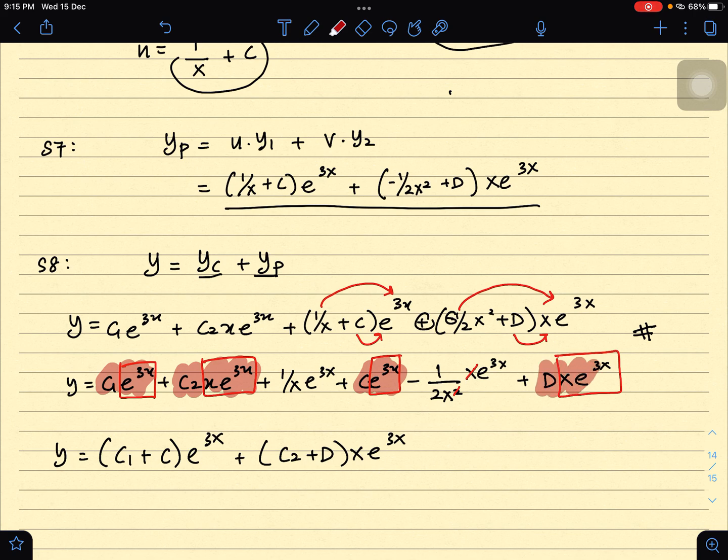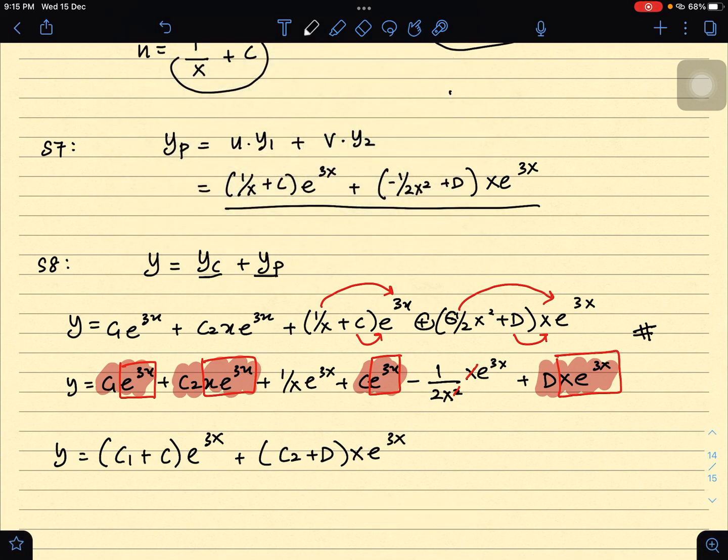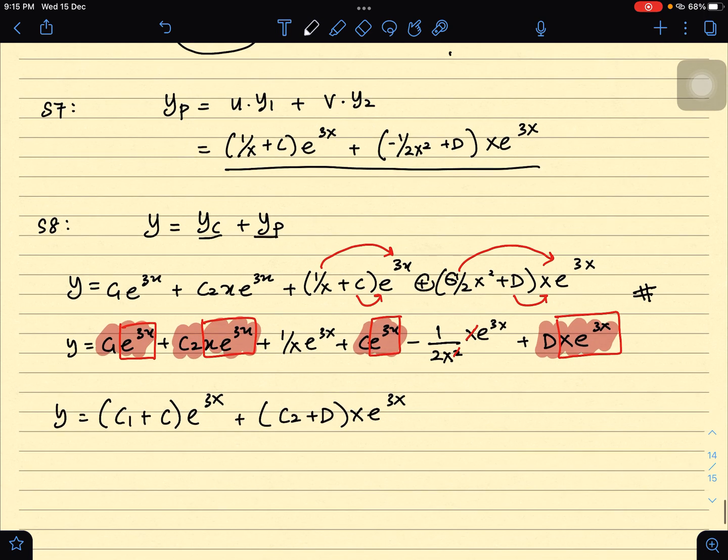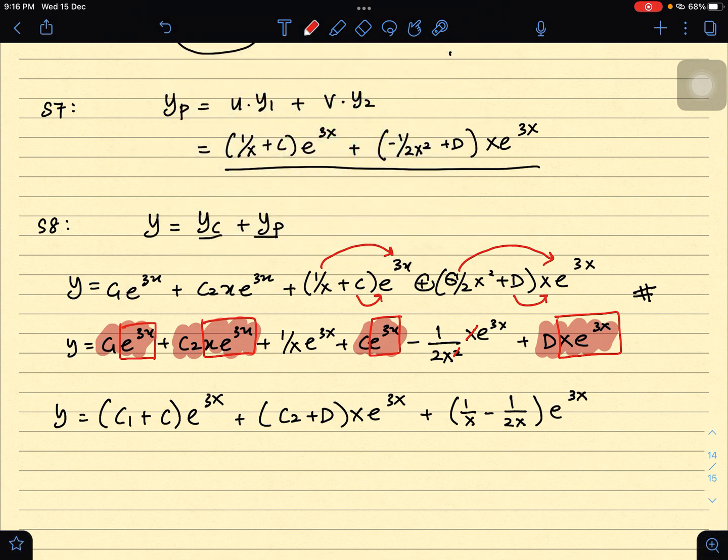Okay, dan kalau awak tengok yang ini, awak ada 1/X exponent 3X, 1/2X exponent 3X. So awak sekalikan, awak akan dapat macam ni. Tambah 1/X minus 1/2X exponent 3X. Okay, so kelas, kita tengok satu-satu.